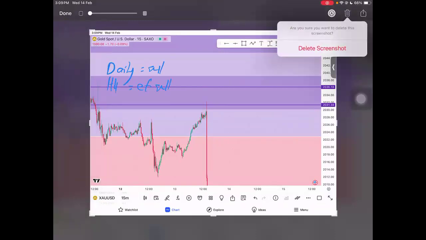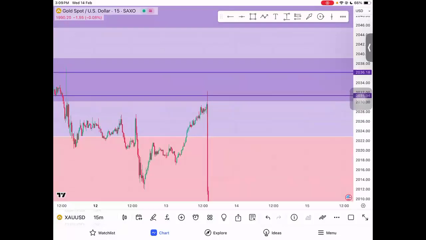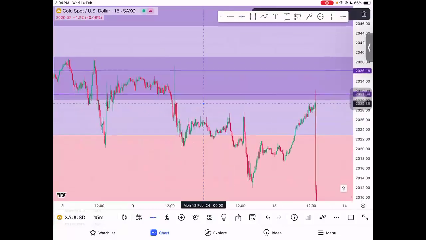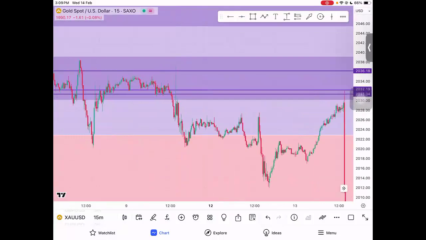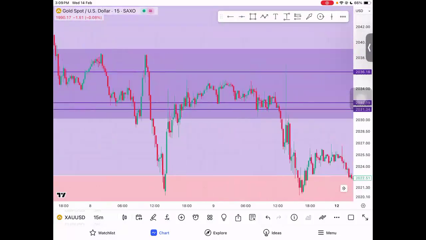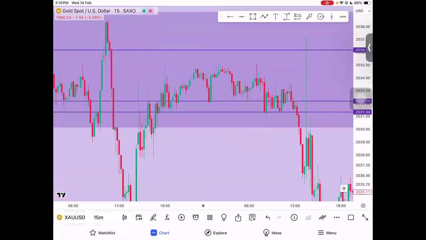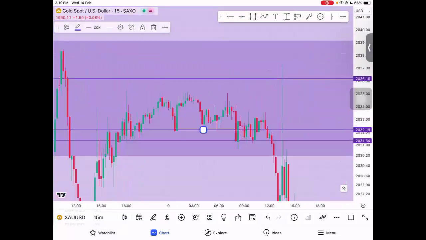If you precise to the M15 zone, then you will get EF.